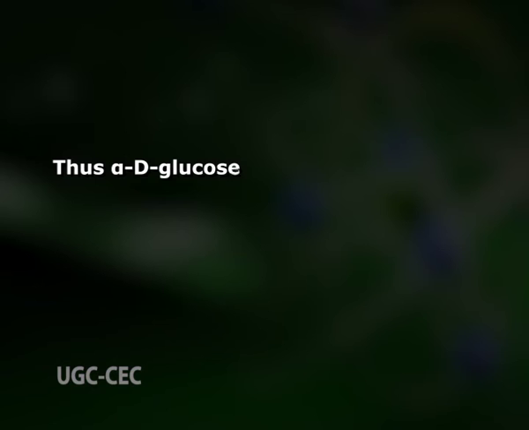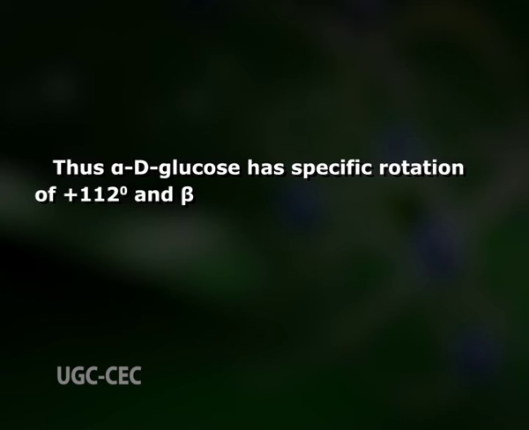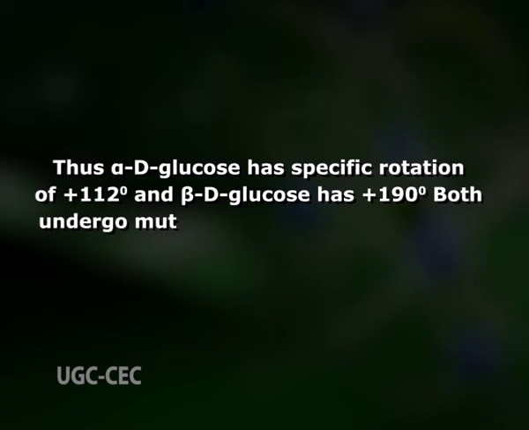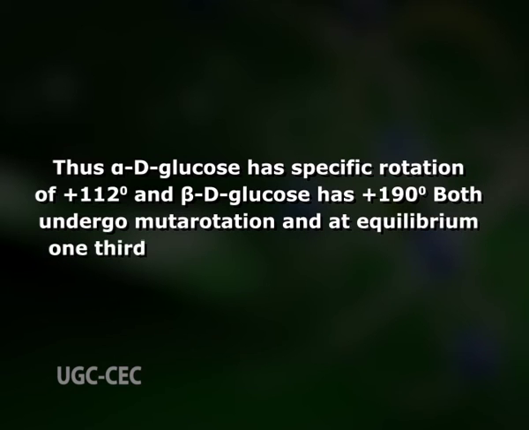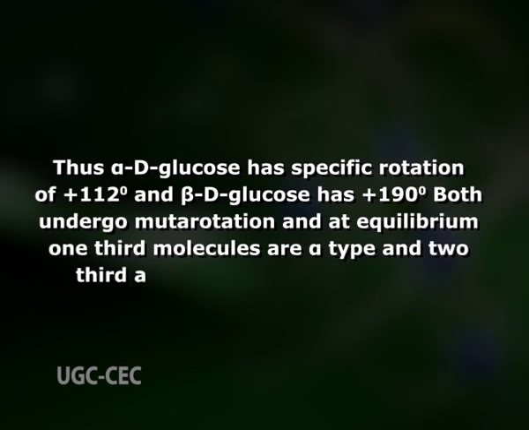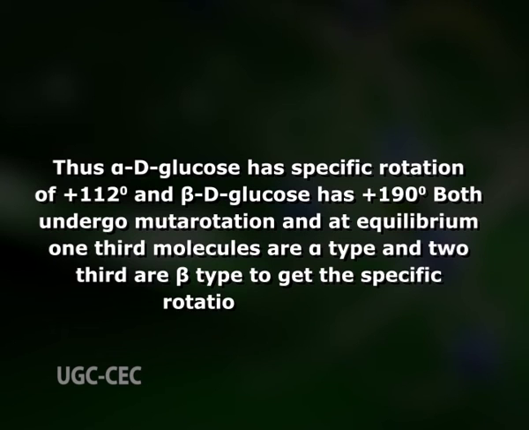Thus, alpha D-glucose has a specific rotation of plus 112 degrees and beta D-glucose has plus 19 degrees. Both undergo mutarotation and at equilibrium, 1/3 of the molecules are alpha type and 2/3 are beta type, giving a specific rotation of plus 52.5 degrees.